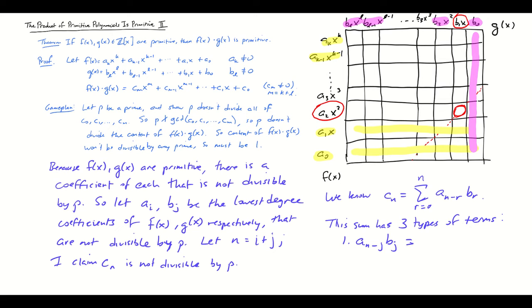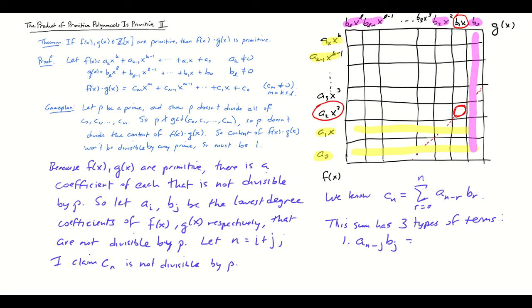And that's equal to a sub i, b sub j, because n minus j was equal to i. And this is not divisible by p, since p is prime. p does not divide a sub i, and p does not divide b sub j. Okay, so that kind we like.